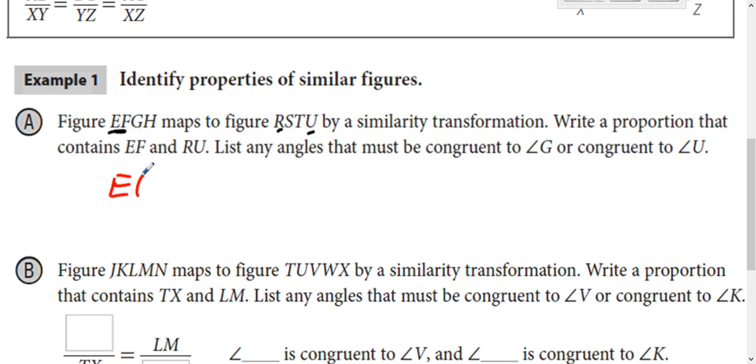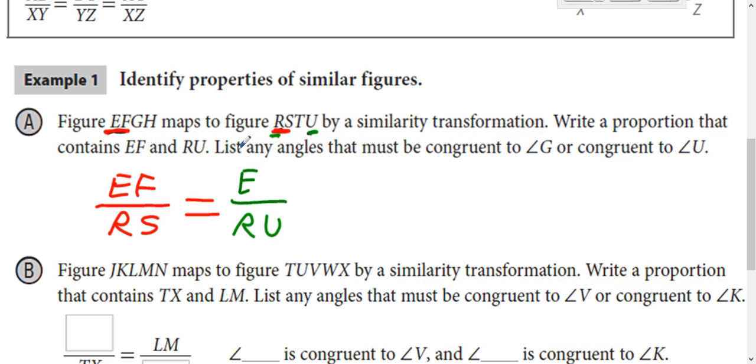So EF, since it's the first two letters, corresponds with the first two letters, RS. And that will be the same ratio as the same two letters, R and U this time, taken from the second figure, which goes on the bottom, just like before. Since we did first letter with last letter, we take the first letter E with the last letter H. As long as you take the letters in corresponding order, it'll match up.